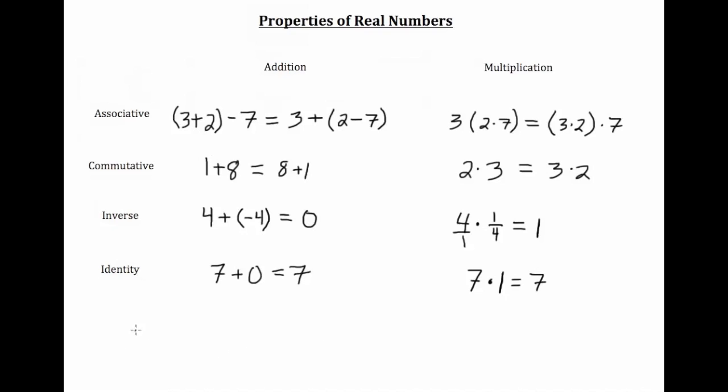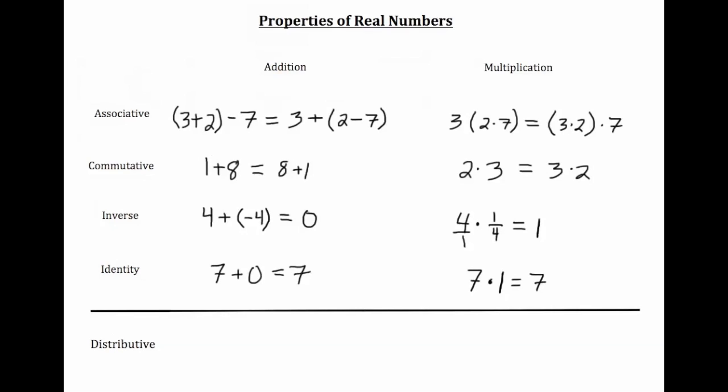Now there's a property that you may be familiar with, but it uses both addition and multiplication at the same time, and that would be the distributive property. So with the distributive property, for example, say we have something like 3 times 2 plus 4. Well, according to the distributive property, that's the exact same thing as doing 3 times 2 and then adding it with 3 times 4.